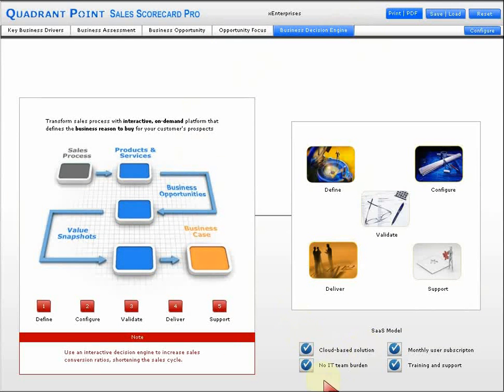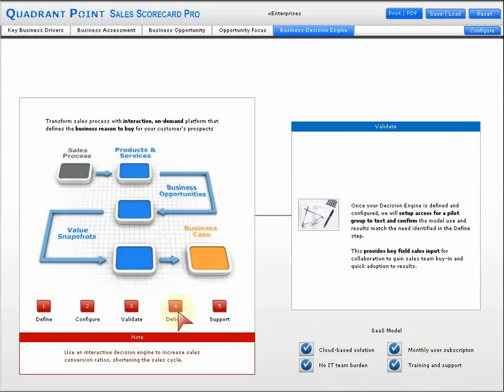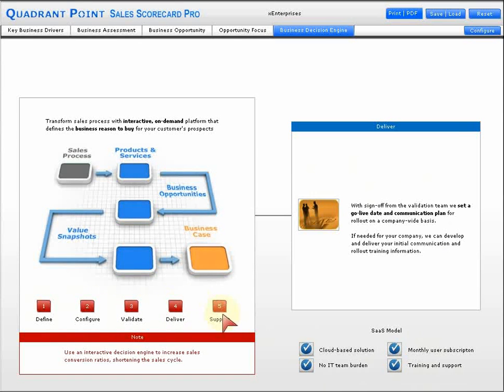It's cloud-based, no IT team burden for your client. It's a monthly user subscription opportunity, fully supported with training and rollout. How we do it? Define, configure, validate, ultimately deliver that, and support it.